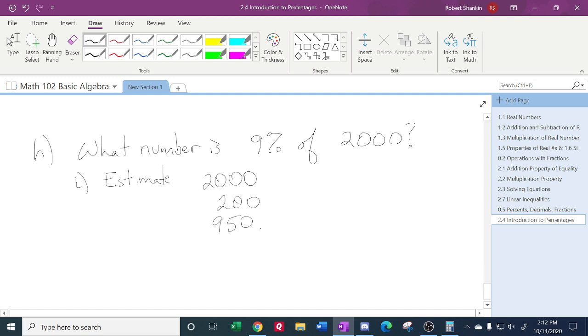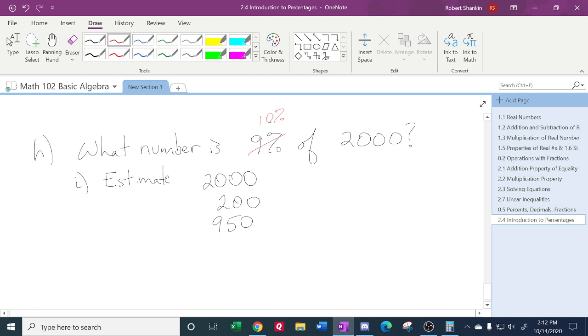All right, so I'm going to estimate this as well. Now, so what number is, I'm going to change this 9% to 10% for estimation purposes, because it's a whole number. Now 10% is the same as 1/10.